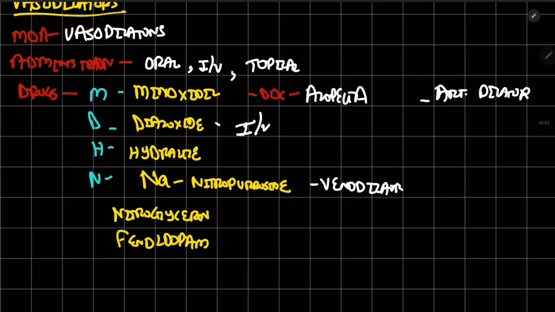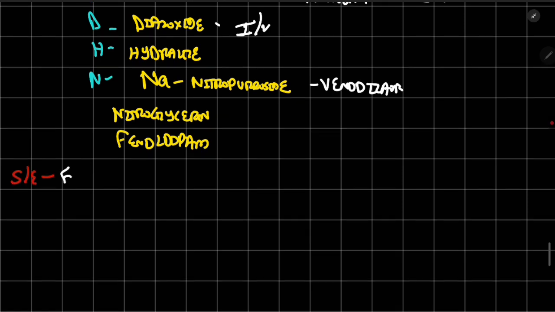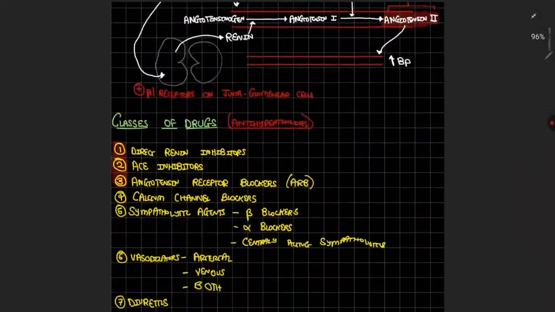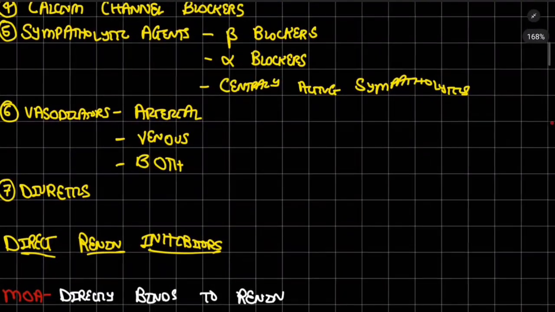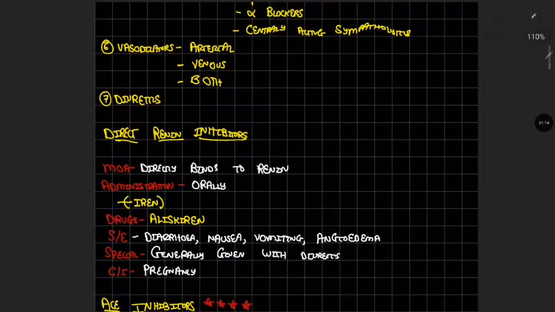Side effects are flushing and edema. So we have done with the 6 classes, and diuretics will be discussed earlier in renal pharmacology.